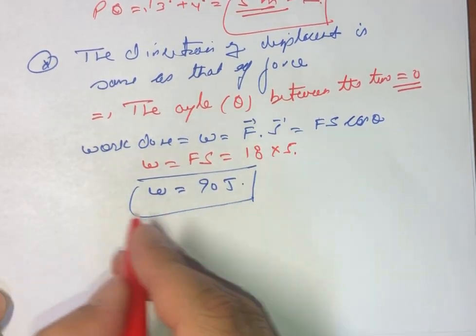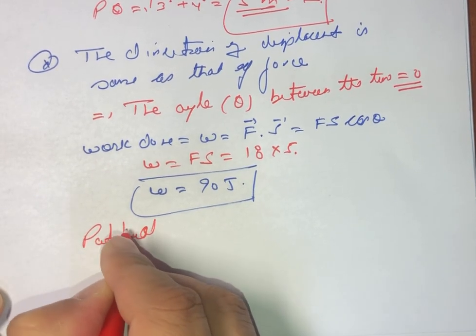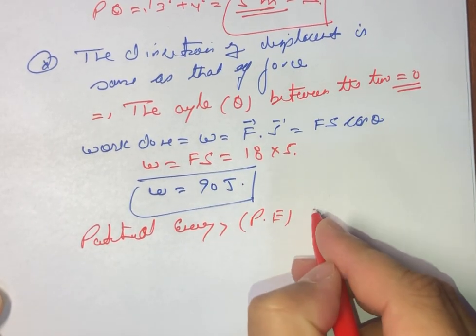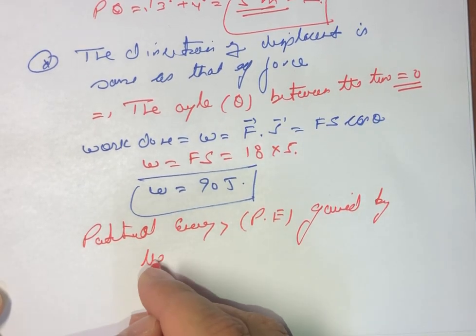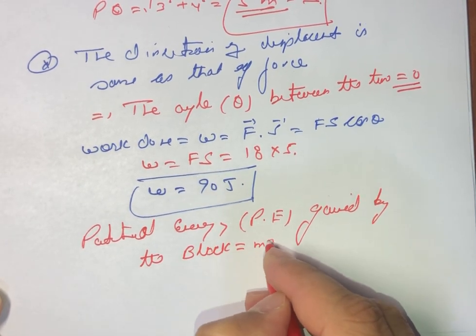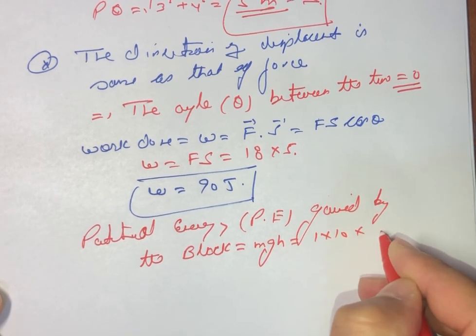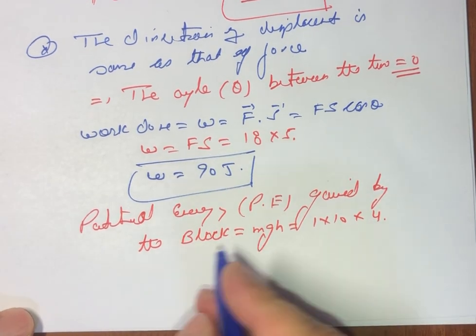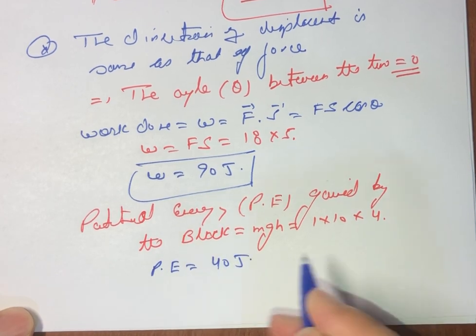From here we can write potential energy PE gained by the block will be equal to mgh, mass is 1, g is 10, and h is 4. So we get potential energy will be equal to 40 joules.